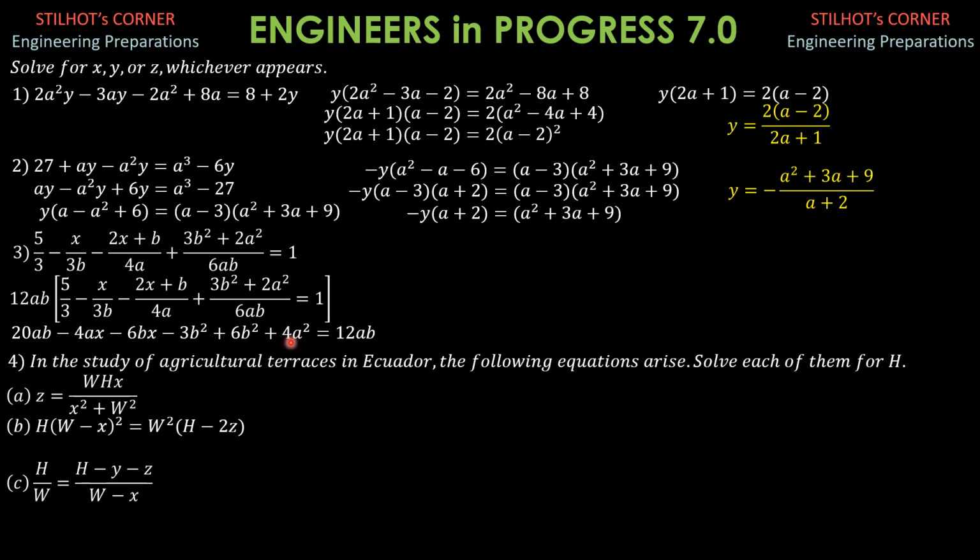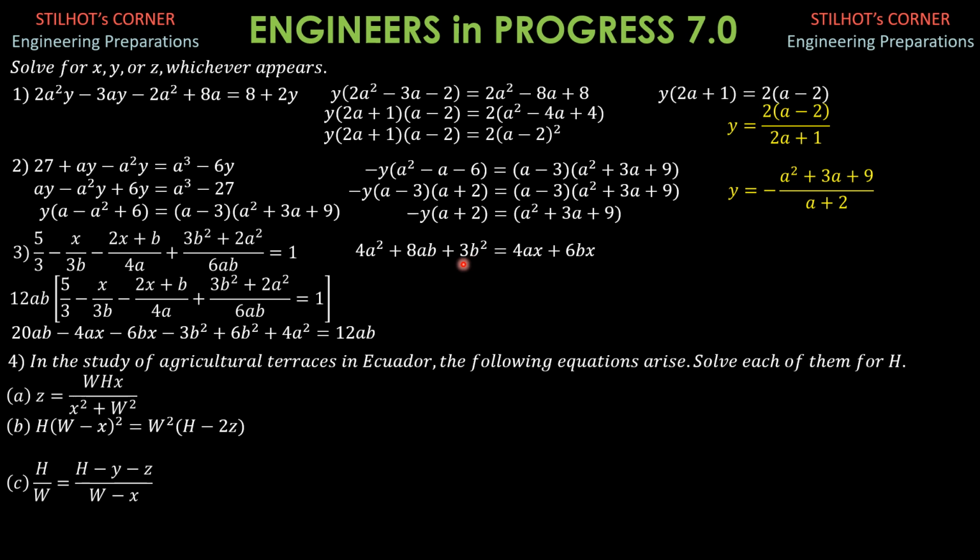So the left side becomes 4a square plus 8ab plus 3b square equals 4ax plus 6bx.